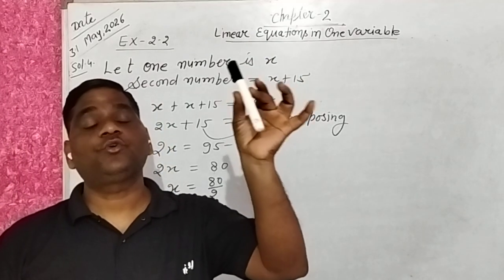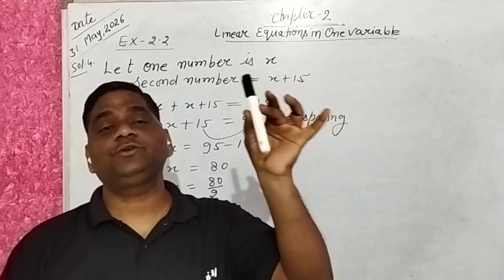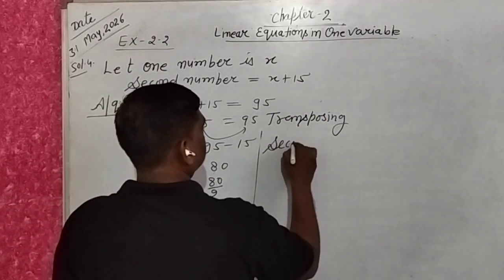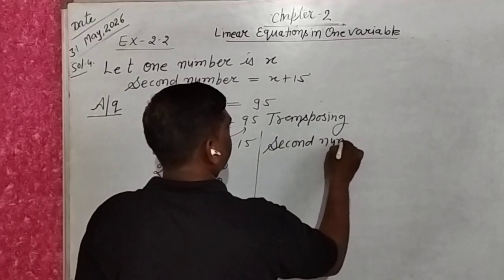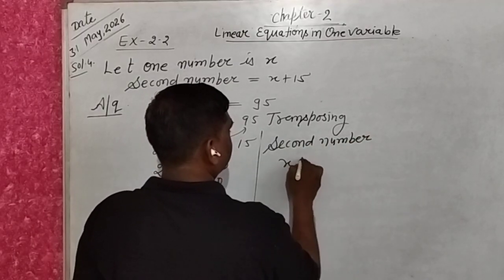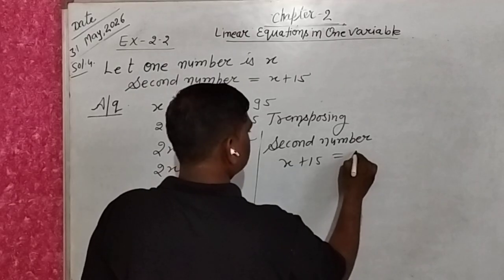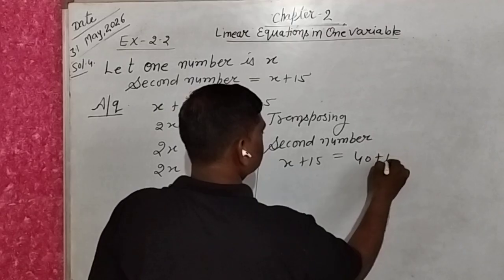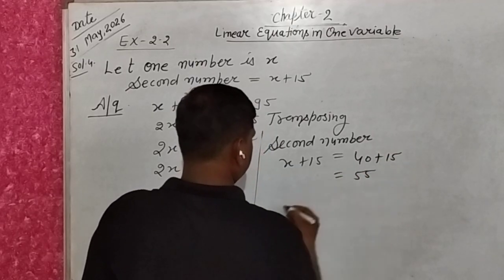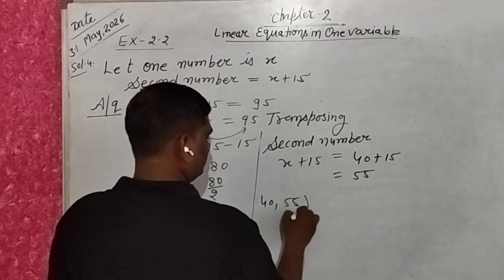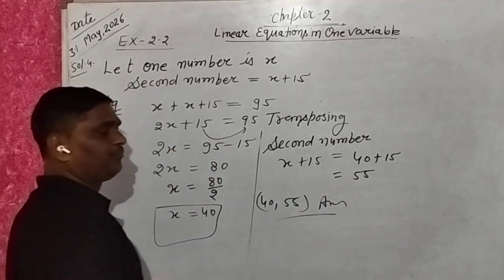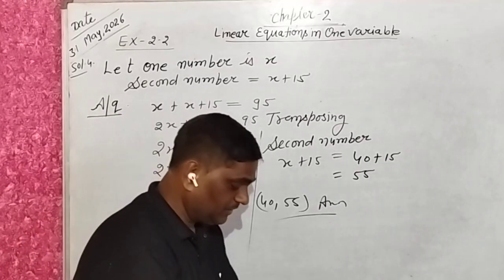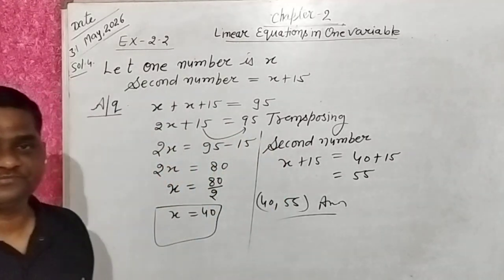The second number, x plus 15, is 40 plus 15, 55. First number 40, second number 55. The addition of both numbers is 95. I think you understand better. Write down.